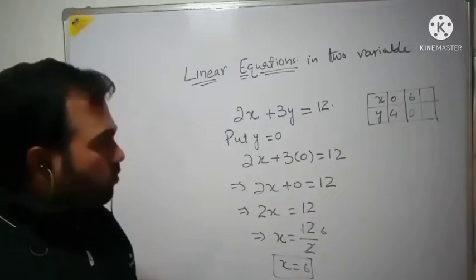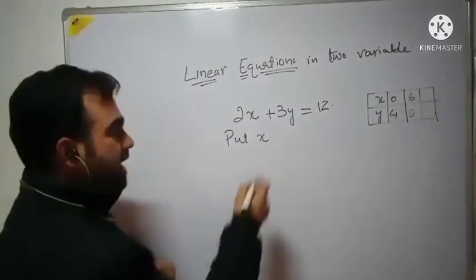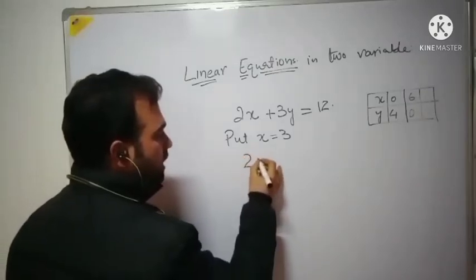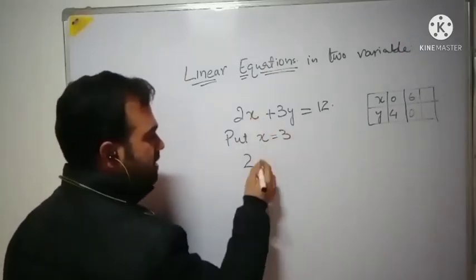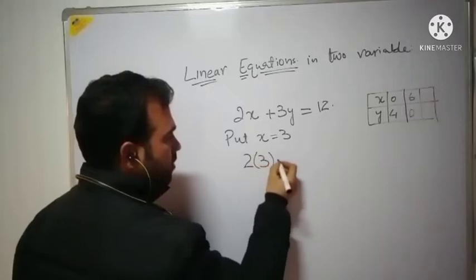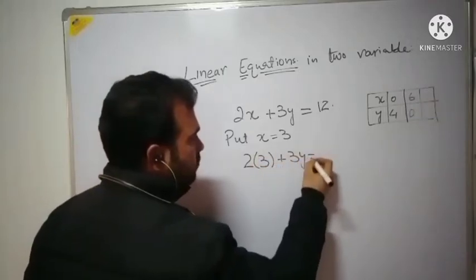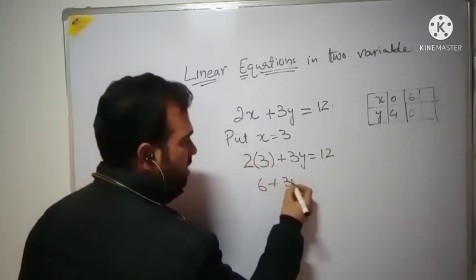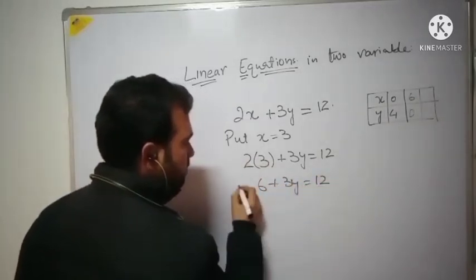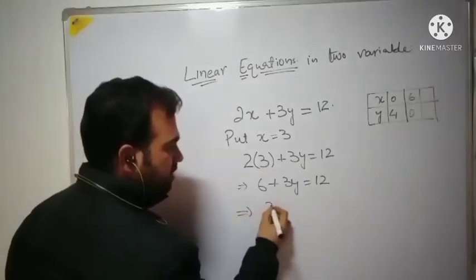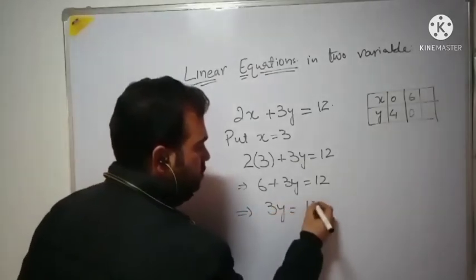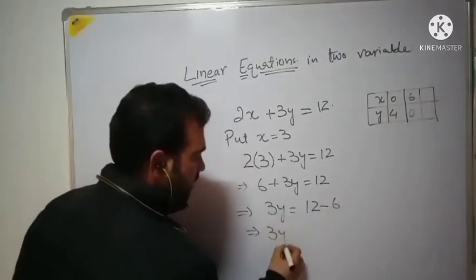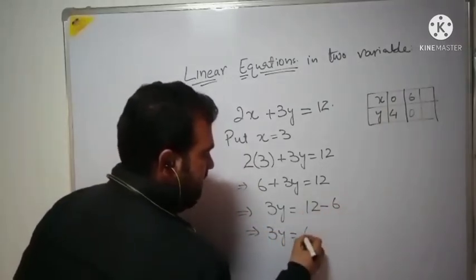Let's take one more value. Now let us put x = 3 in this equation. We get 2 into 3 plus 3y = 12, that is 6 + 3y = 12. This implies 3y = 12 - 6, which is 6.